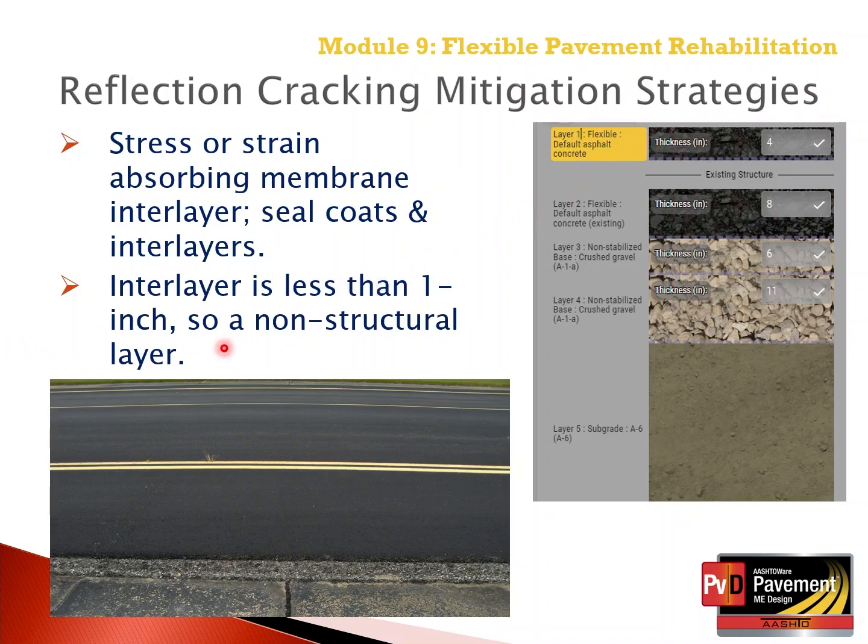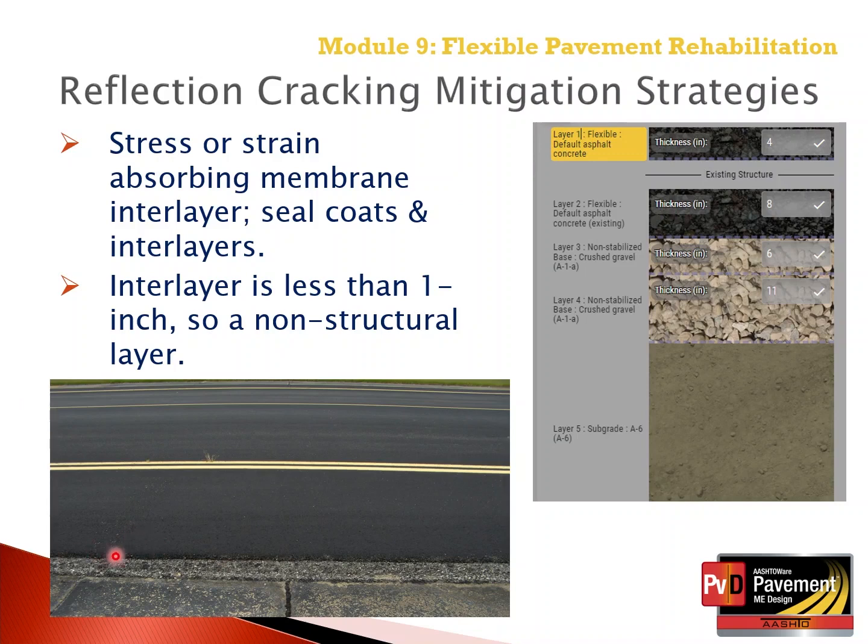So if we're placing, let's say, a half-inch seal coat, or a 3/4 inch interlayer, some of the ground tire rubber membrane interlayers that have relatively good success in mitigating reflection cracking, the thickness of that interlayer would be included in the thickness of the overall asphalt overlay that we're entering into the Pavement ME design software.